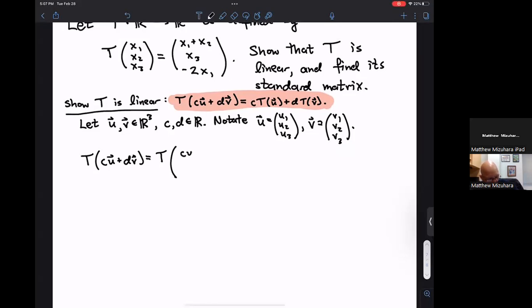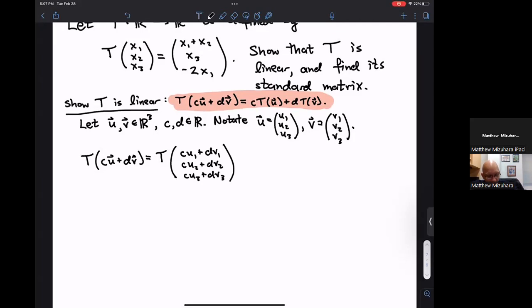So it's cu1 plus dv1, and then cu2 plus dv2, cu3 plus dv3. All right, so what have I done? I've taken the scalar multiplication parts and then the addition and put it all together. So this is one big vector.